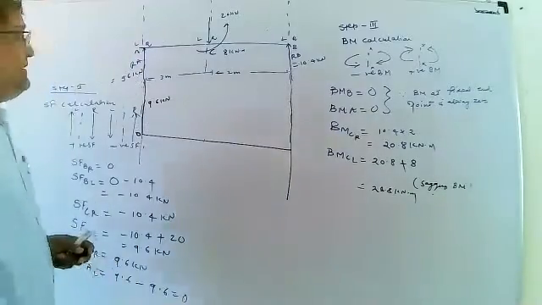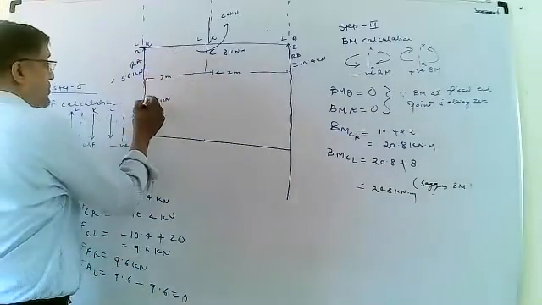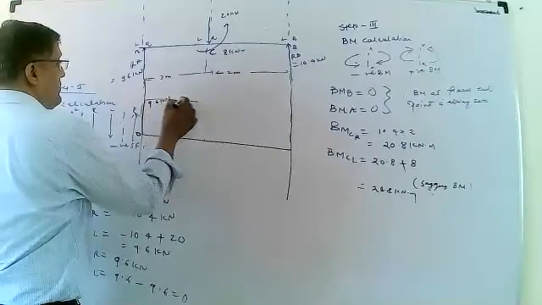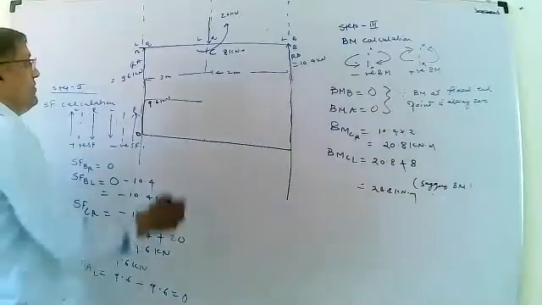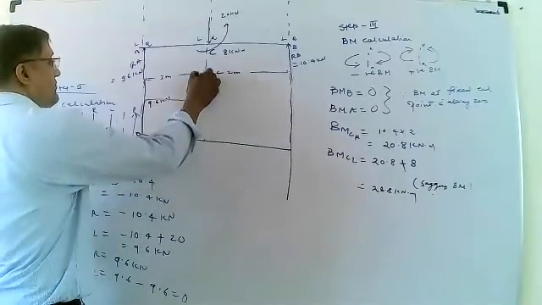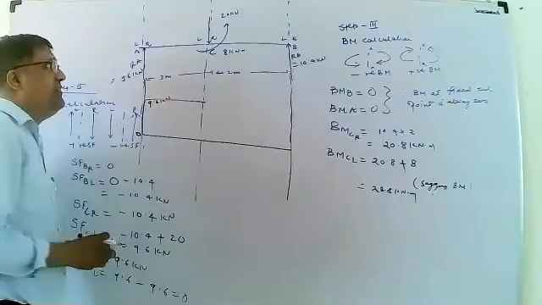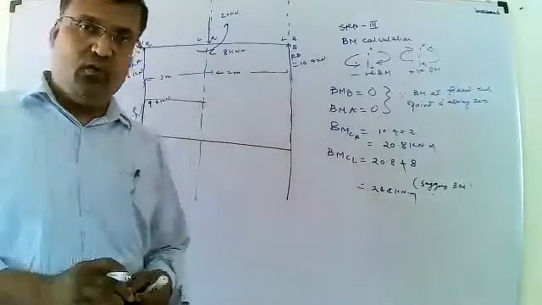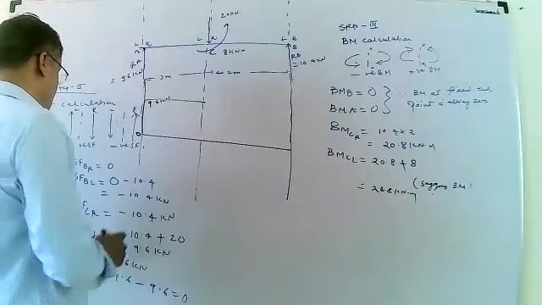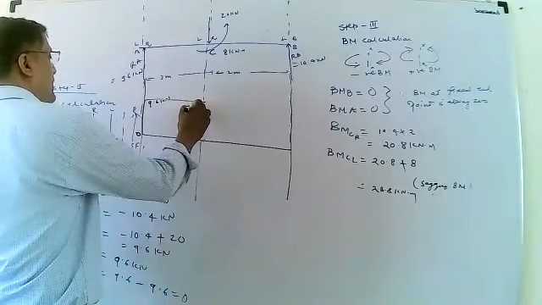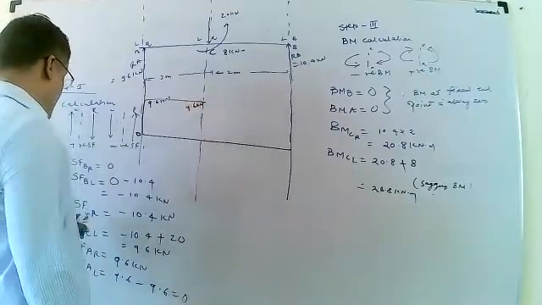Then in the portion AC there is no load. No load means a horizontal straight line. Draw the horizontal straight line. Then the force of 20 kilonewton is downward. Here the force at the point C on the left side is again 9.6 kilonewton.